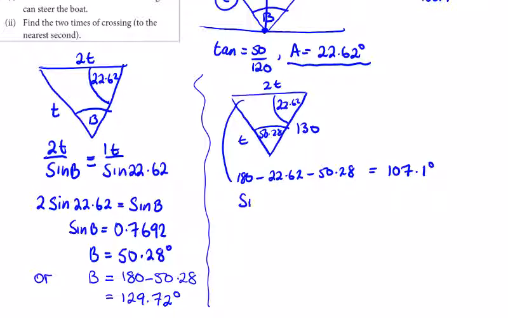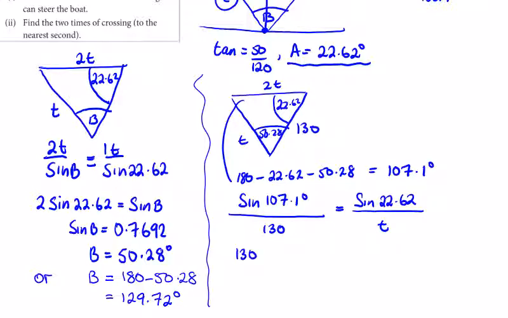So I can say that the sine of 107.1 degrees divided by 130 is equal to the sine of 22.62 over t.